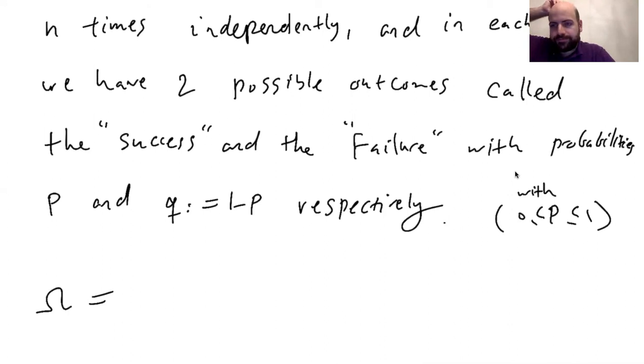So this P is different from the probability measure. It is just a number between 0 and 1. So we have n trials, done independently, and each trial has two possible outcomes. We call them success and failure, but it doesn't have to be really success or failure. It's just two outcomes. As long as you have two outcomes, we are fine.